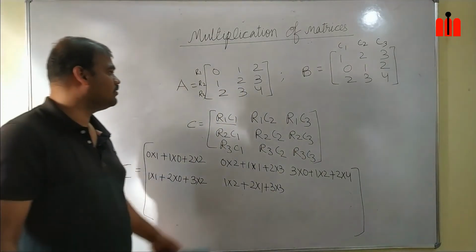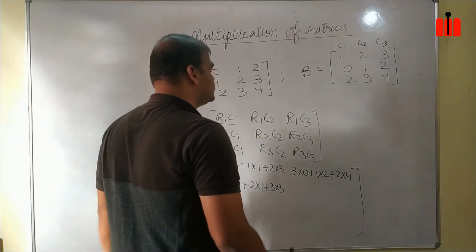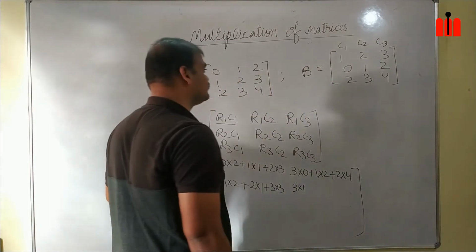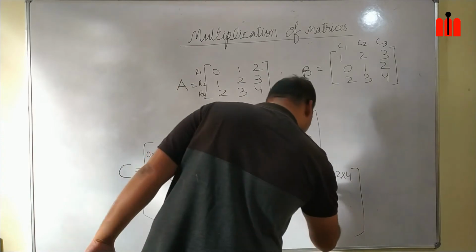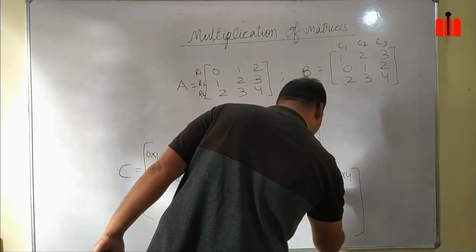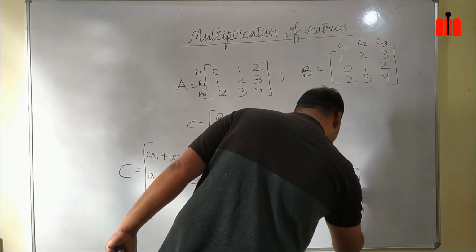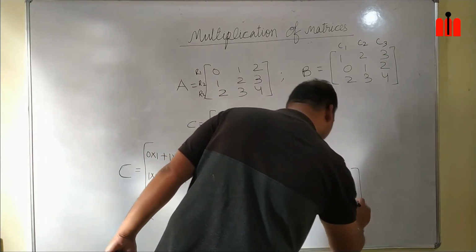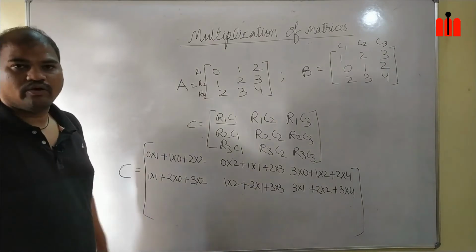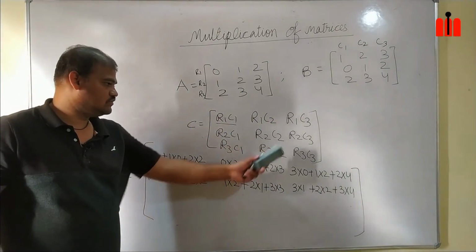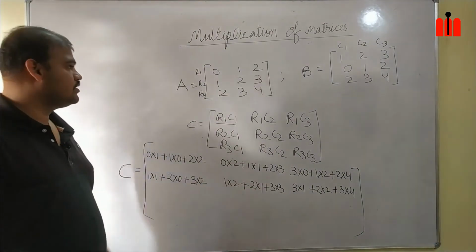Okay, now R2 C3, it will be 1 into 3 plus 2 into 2 plus 3 into 4. Okay, are you getting it? So R2 C1, R2 C2, R2 C3.